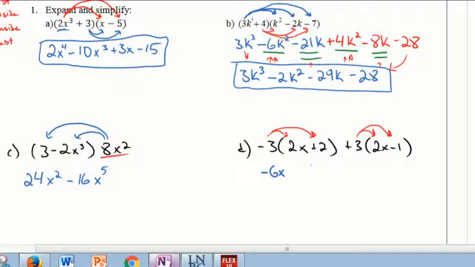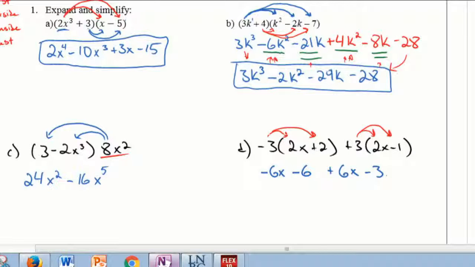Negative 3 times positive 2 again gives me negative 6, but no x this time. So that's my first bracket with the negative 3 distributed through. In the second bracket, I multiply the 3 through again. The 3 times the 2x gives me positive 6x, and the 3 times the negative 1 gives me negative 3. So I have 4 terms.